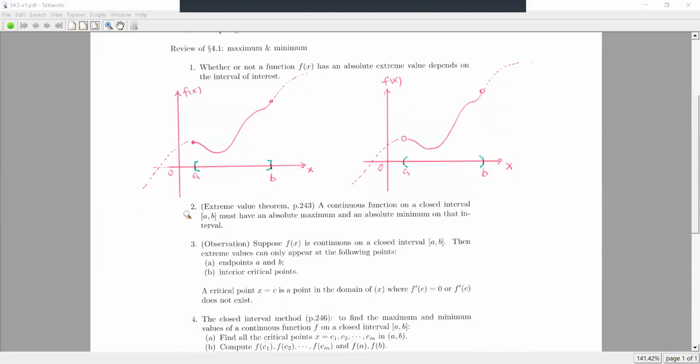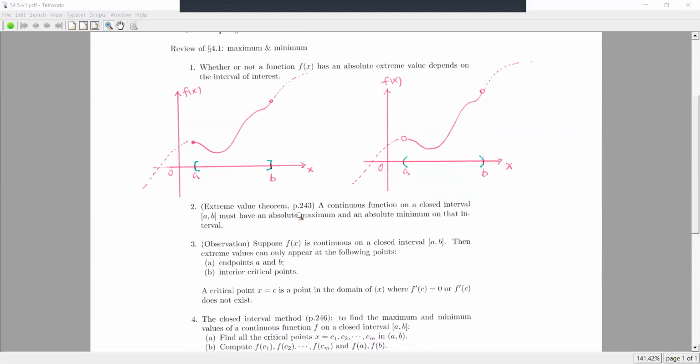Review number 2, extreme value theorem. This theorem says that under some conditions, it is guaranteed a function has a maximum value and a minimum value over an interval.